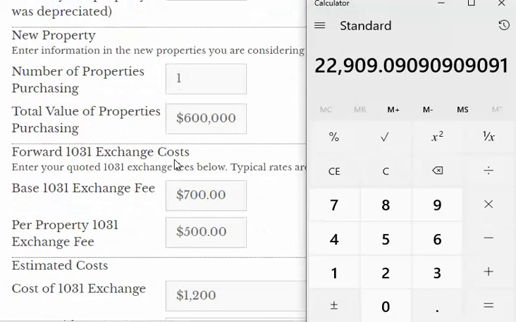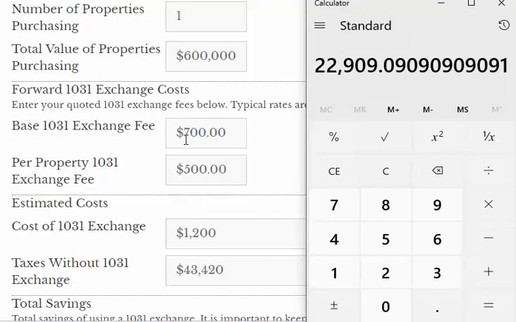And then coming back down here, we talked about the costs. Now there's something called a 1031 reverse exchange, and that is when you buy a new property and then sell the property after you buy the new one.